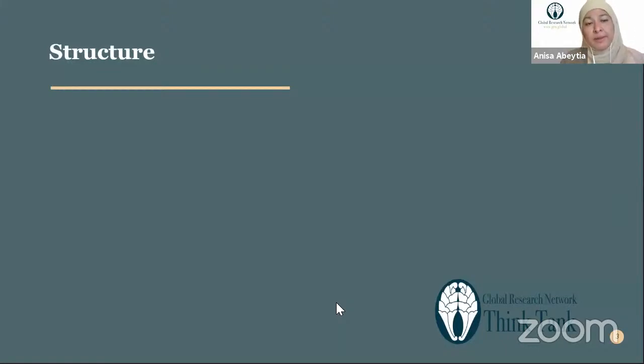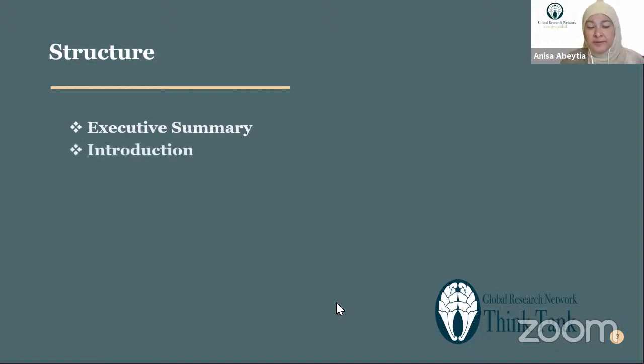But this is a basic structure that you can follow. You begin with an executive summary, where you go over the main points of your brief. Sometimes the executive summary comes at the very end after the conclusion, and sometimes it comes before the conclusion. As I said, this is just a basic structure.